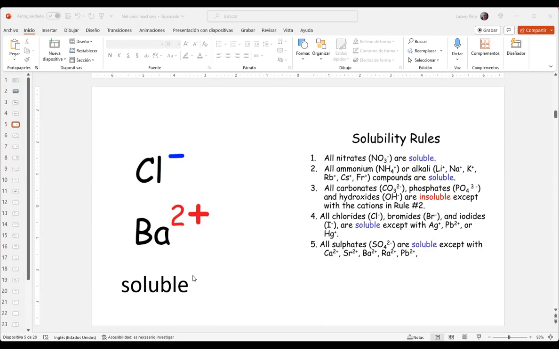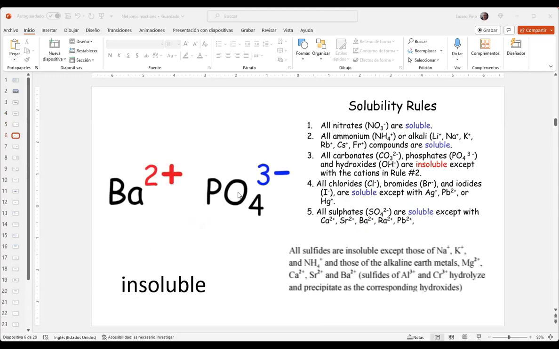Then we can say that this compound is soluble. Let's see this one. Well, we can see that phosphates are insoluble except for these cations, and barium is not in this group. So this compound is insoluble.